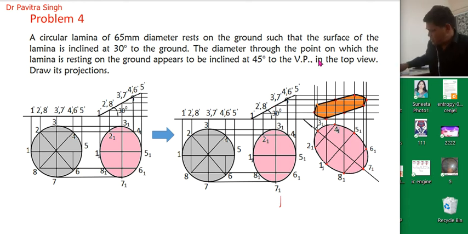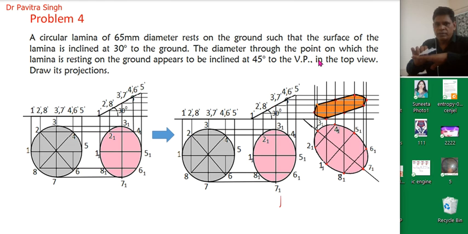Suppose a circle is lying on the horizontal plane. Now it is inclined 30 degrees with the horizontal plane, and its edge is touching this horizontal plane. So this plane is making 30 degrees with the horizontal plane.